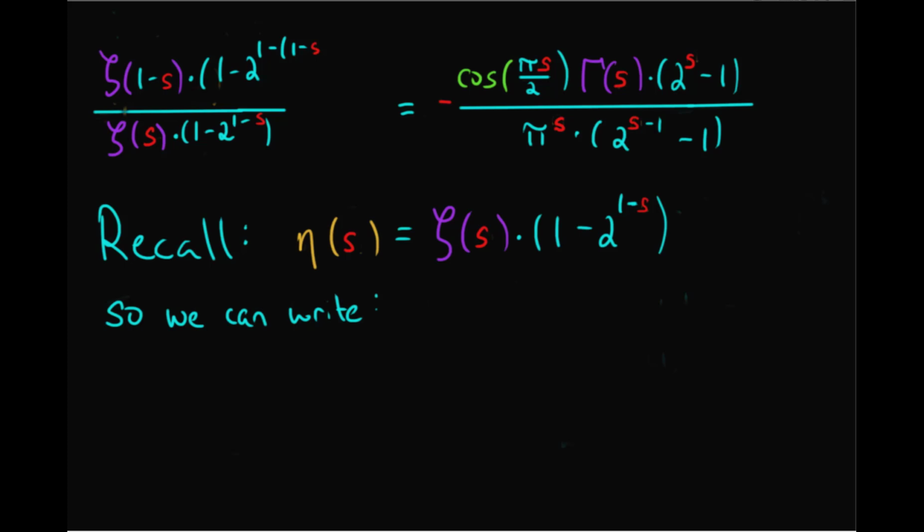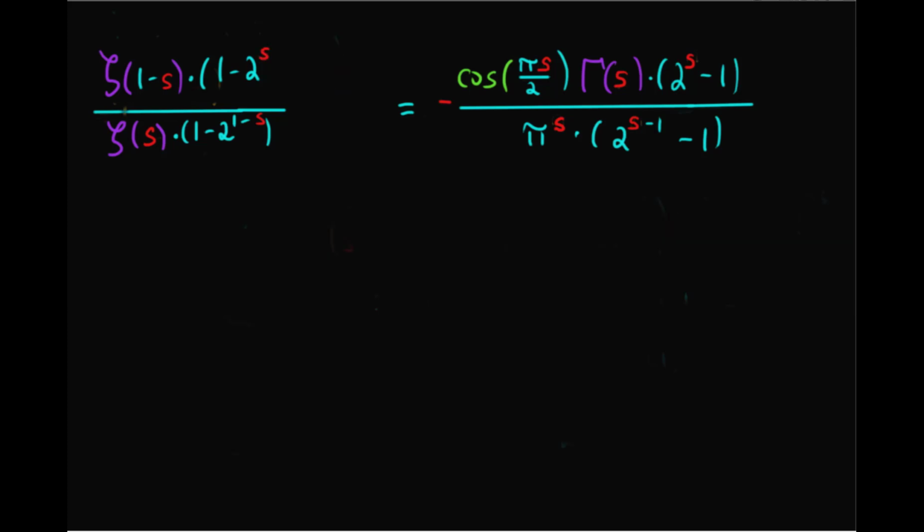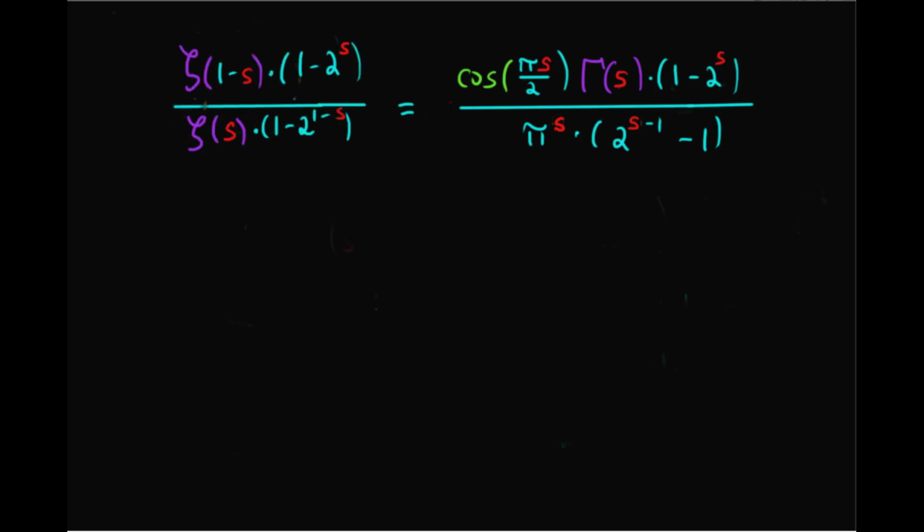Well, 2 to the 1 minus the quantity 1 minus s is just 2 to the s, so let me write that there. And then I'm going to make one quick simplification. On the right-hand side of this equation, I'm going to multiply that negative 1 into the last term in the numerator, 2 to the s minus 1. So I'll have 1 minus 2 to the s on both sides of this equation, and those terms cancel.